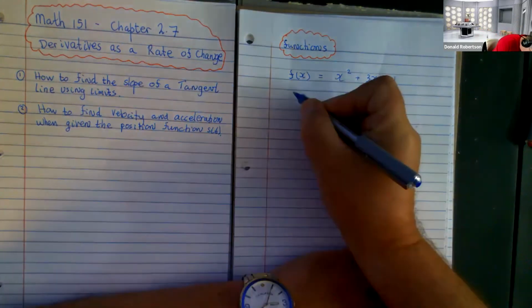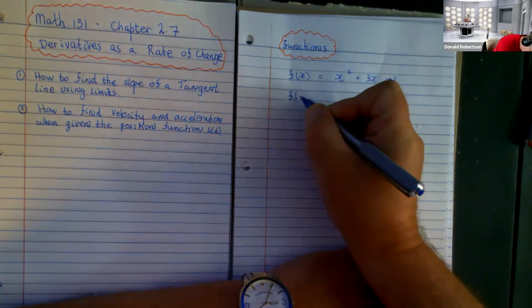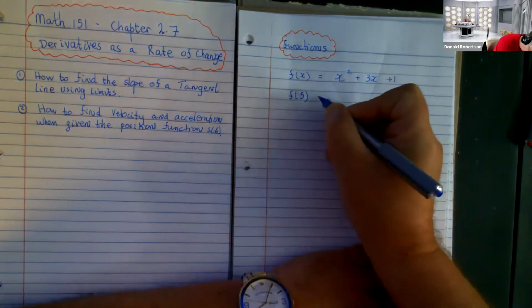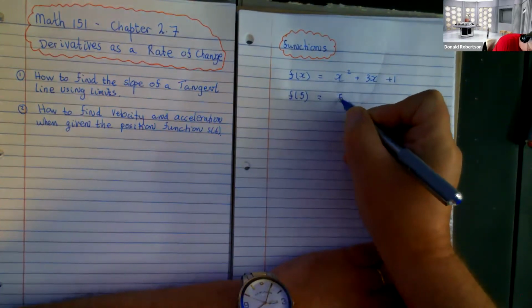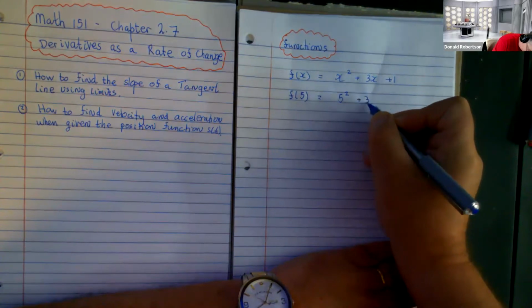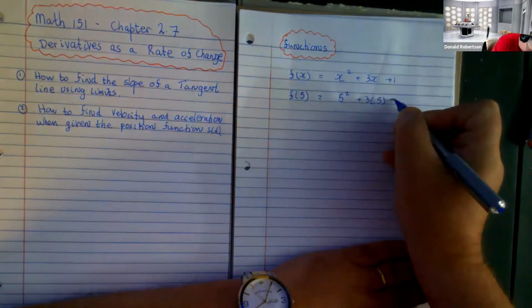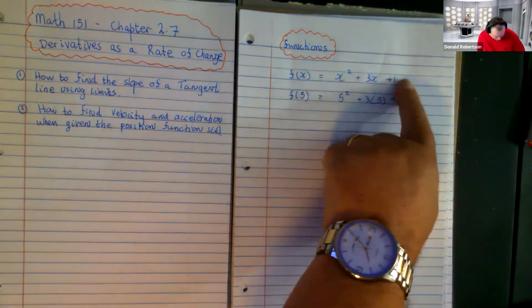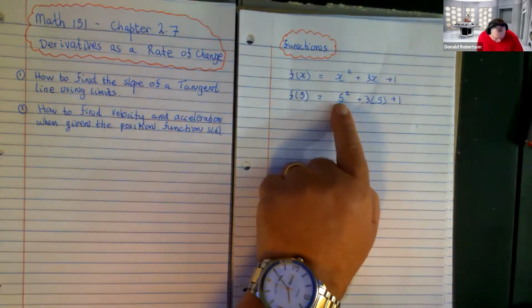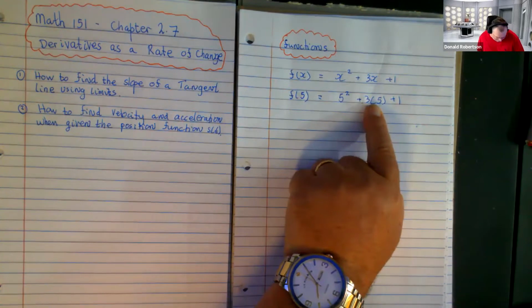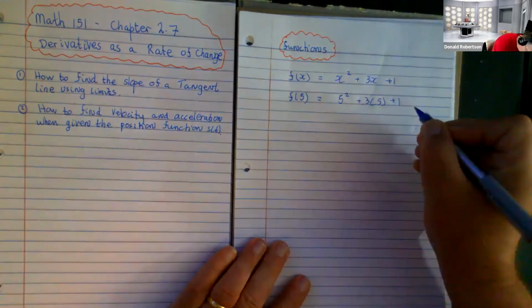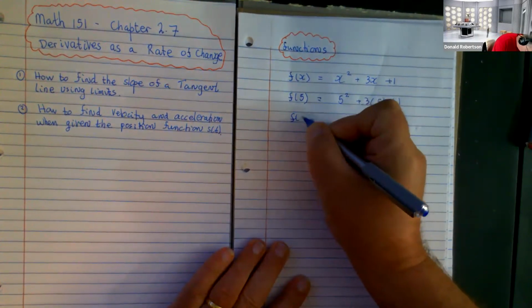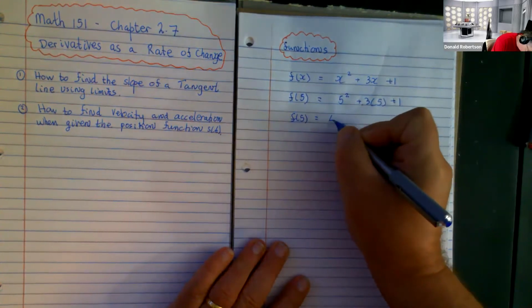Now, if I write down f of 5, we should all say, oh yeah, they mean x is 5. And f of 5 is the value of this function when x is 5. So that's 25, another 15, that's 41. And we get f of 5 is 41.